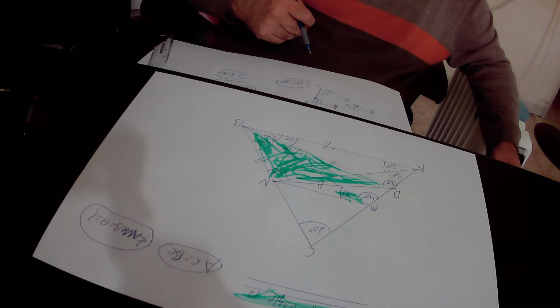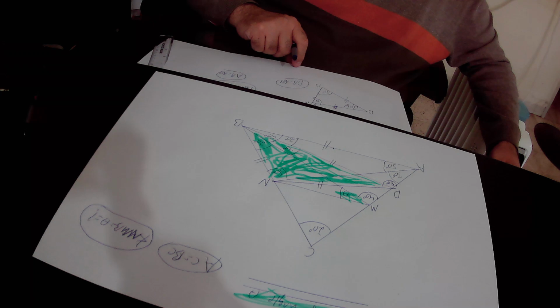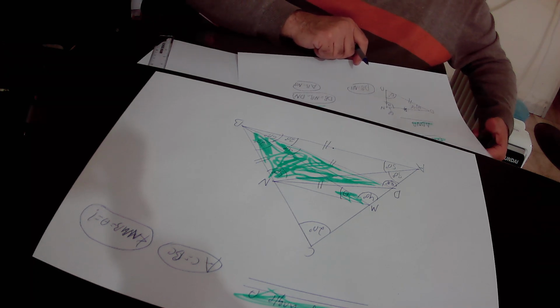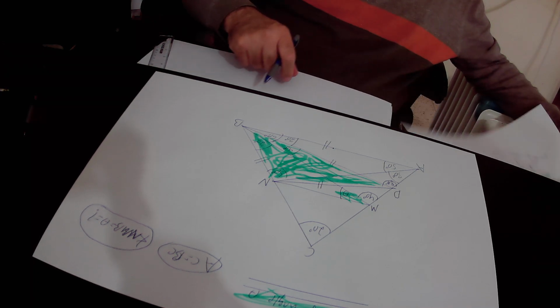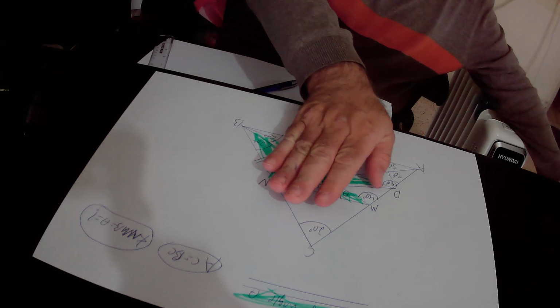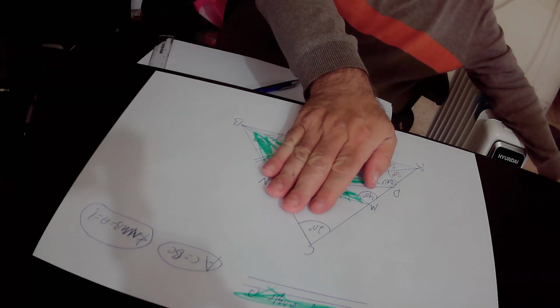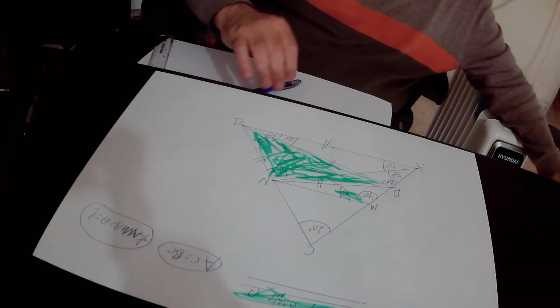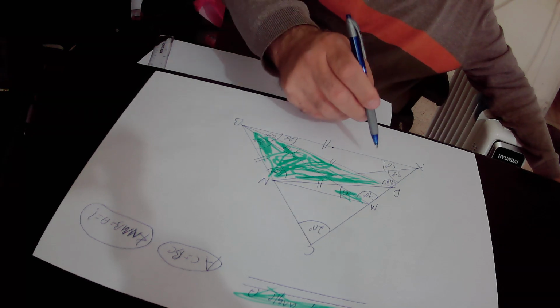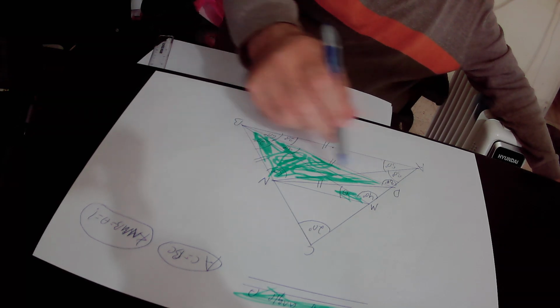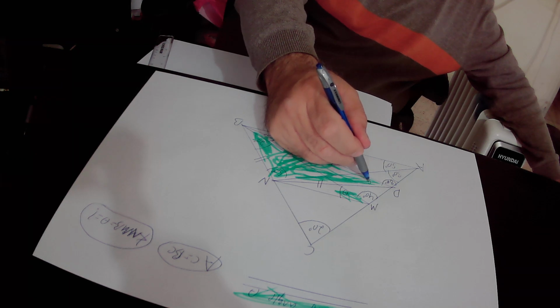Okay, now we focus on this side of the straight line CA at point D. In the equilateral triangle DNB, this angle of course equals 60 degrees.